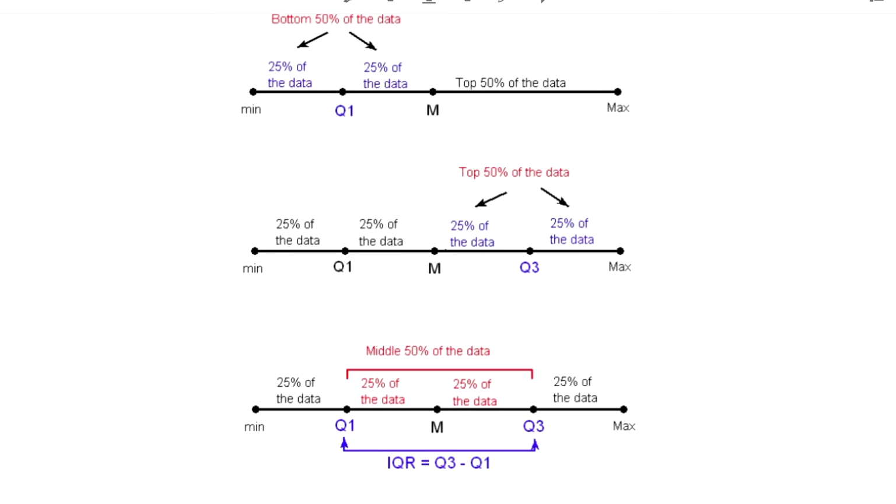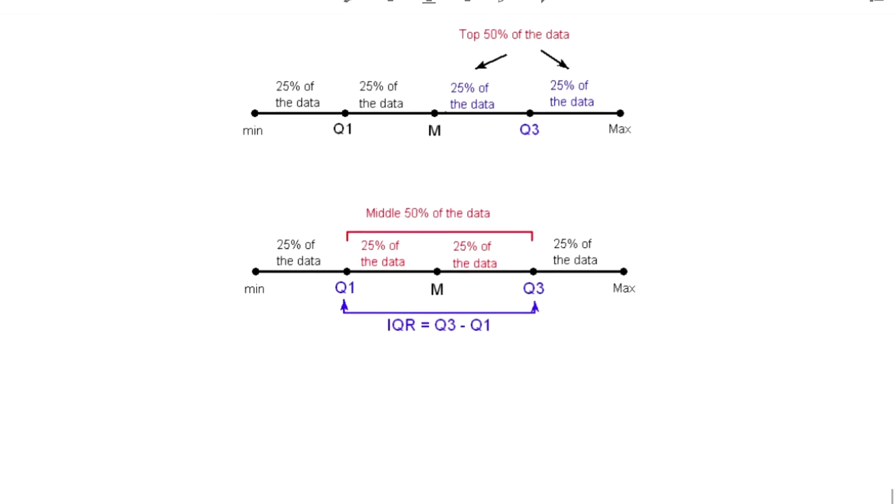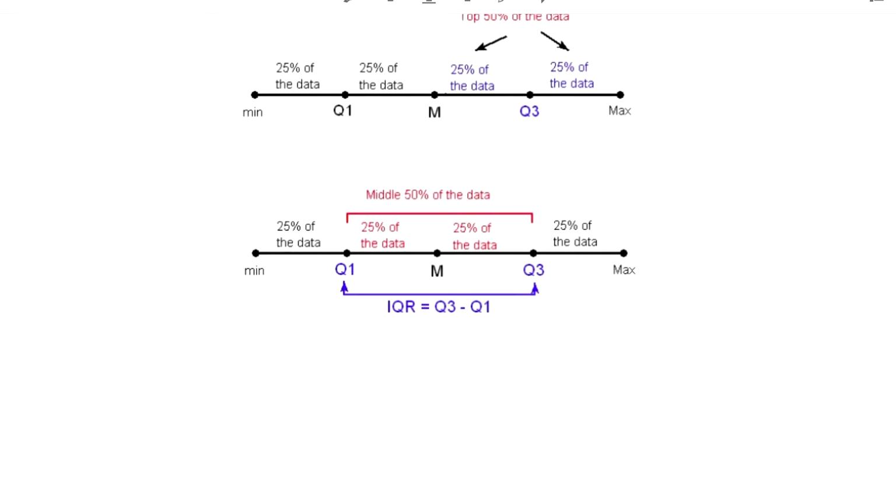So then we had from the median to Q3 was 25% of my data, and Q3 to the maximum was 25% of my data. And then finally we found the IQR by taking Q3 minus Q1, and that also represents 50% of my data. So 50% of my data is in this interquartile range.